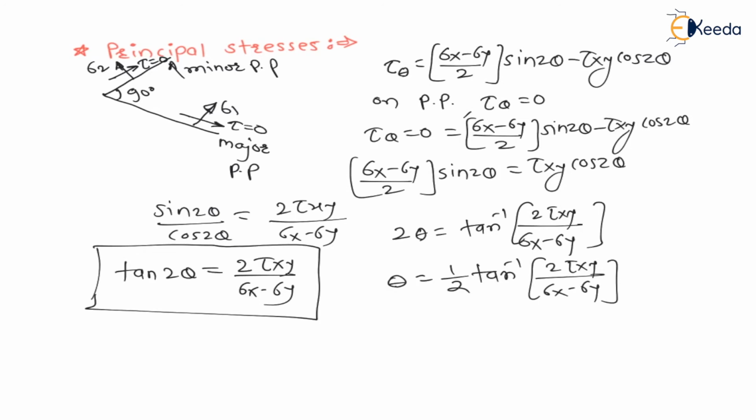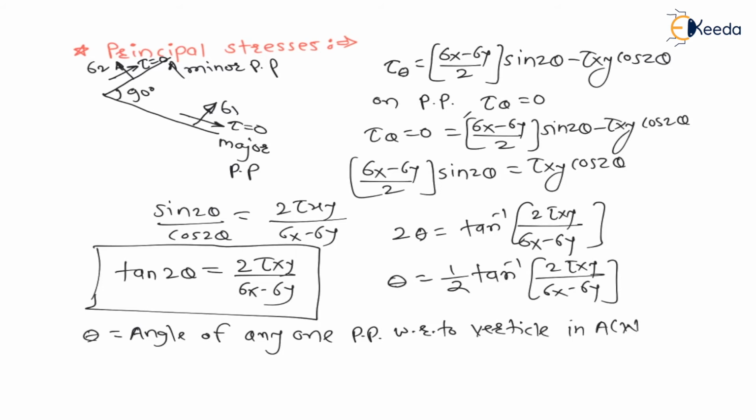This theta is nothing but the angle of any one principal plane with respect to vertical in anti-clockwise direction. This is important.